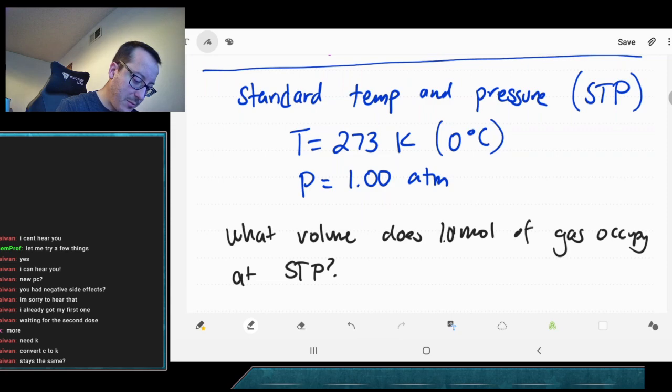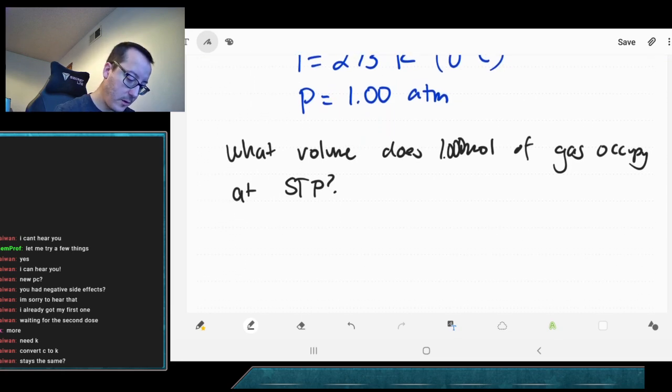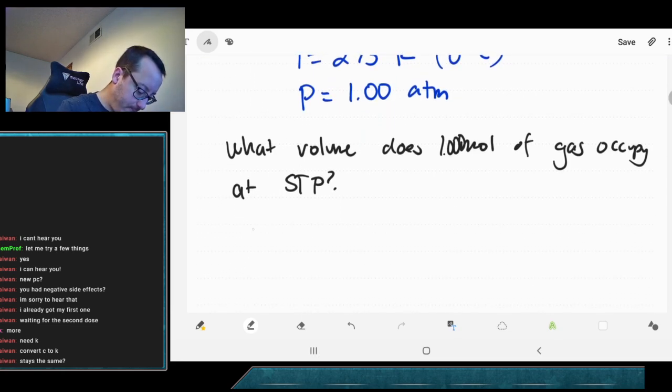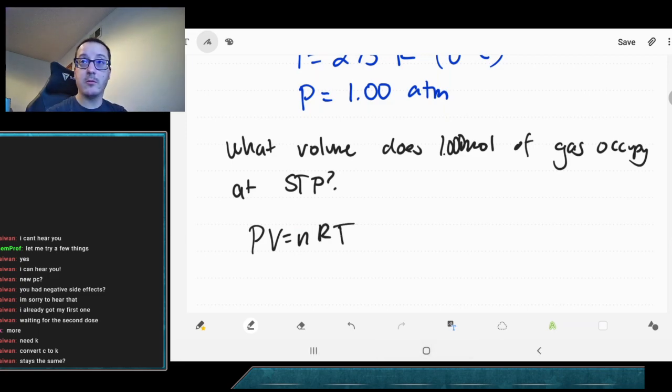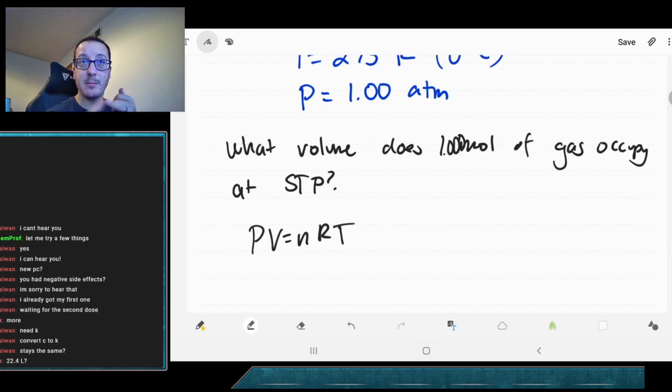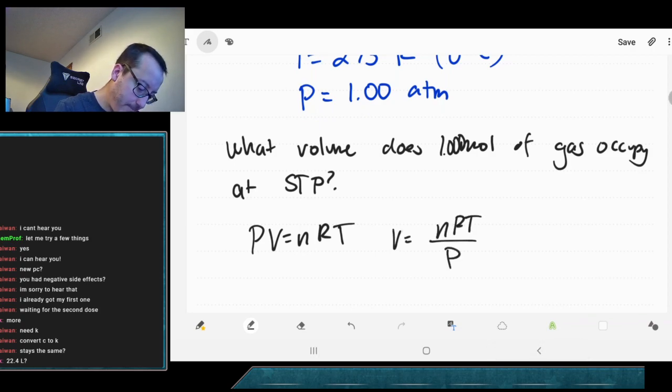And let's just go ahead and put some sig figs on there. Still 1 mole. Well, so we're given pressure, temperature, and moles. Yes, you have the right answer. Yes, very good. If we do the calculation, solving for V, it's nRT over P.